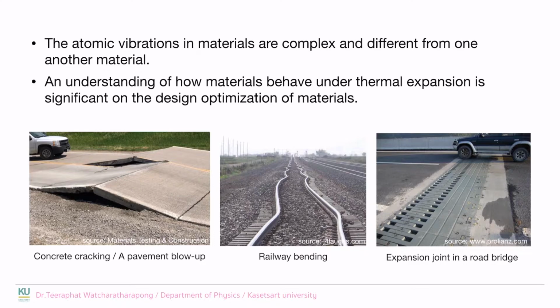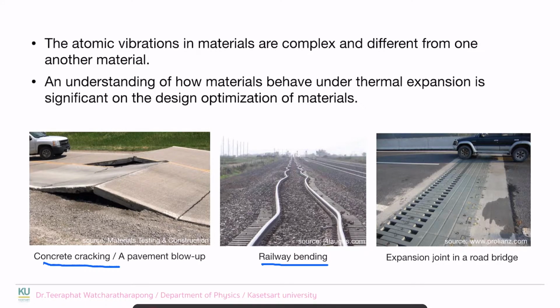And if we do not understand the material property, the material may undergo some adverse effects of thermal expansion, like what is shown in the following figure. This one is concrete cracking, and you may have seen this in real life before, and railway bending like this.